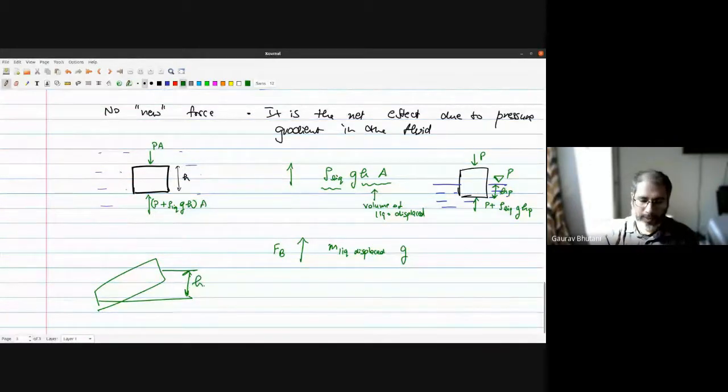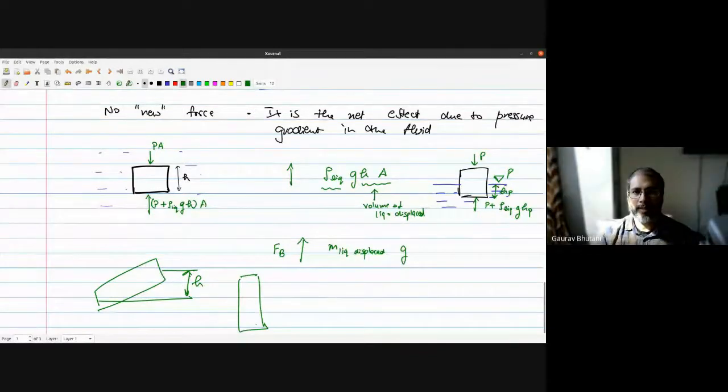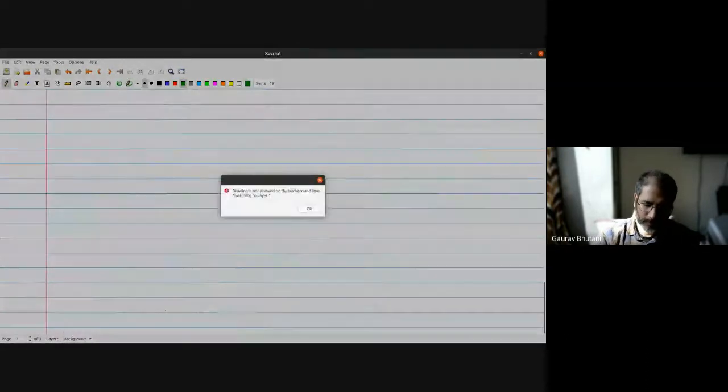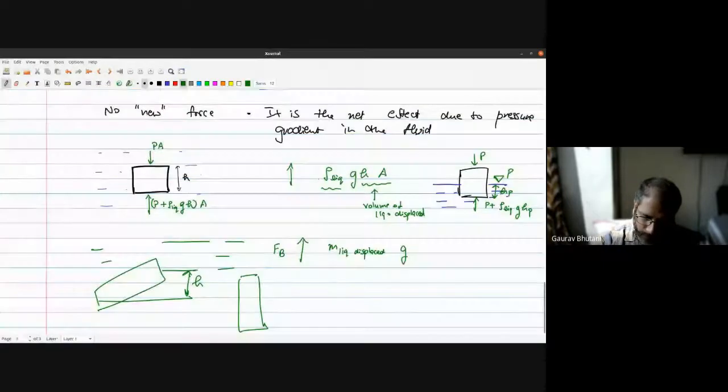Now if I rotate the body and it is lying like this, from your old ideas of buoyancy the amount of liquid displaced is still the same because the body is fully immersed in both situations. So this is situation 1 and this is situation 2. The force of buoyancy should be equal, but now the pressure differential is happening over a much larger height. So how can they be the same?